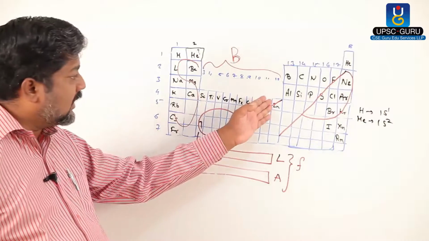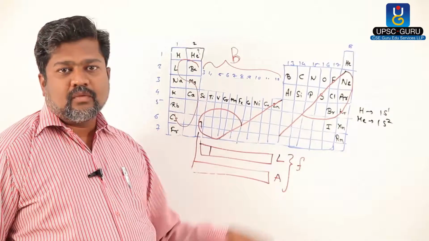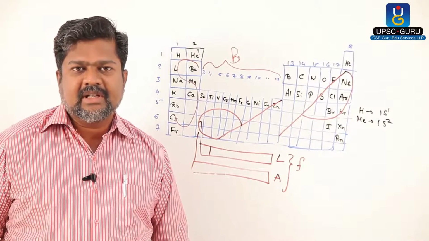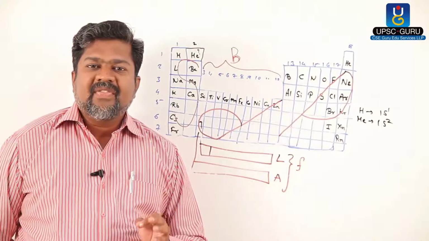Just as we checked here, 4s2 was the last shell, but from then onwards electrons are added in the second last shell, that is 3d, and so this is called a transition element.